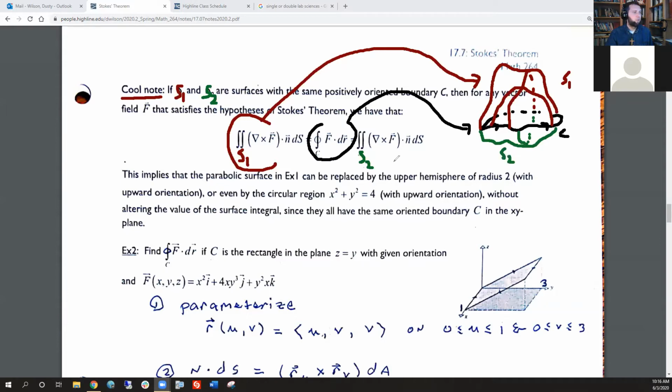So basically, as long as the boundary stays the same, you're going to get the same result. Okay. Questions about that picture?